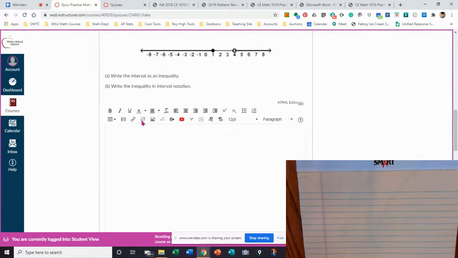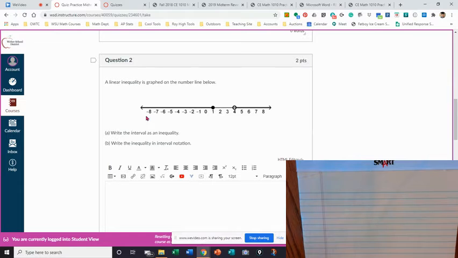Here's the graphing statement. Question 2. A linear inequality graph. Write the interval as an inequality. So as an inequality, I see a less than or equal to. So x is, now how do I do less than or equal to?